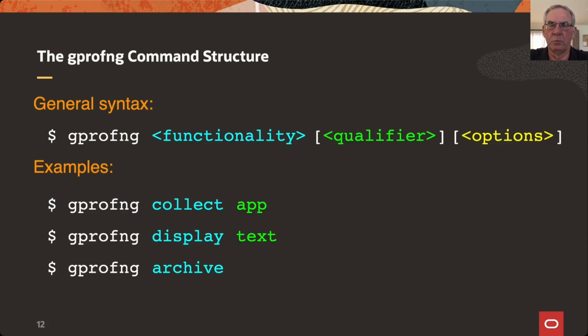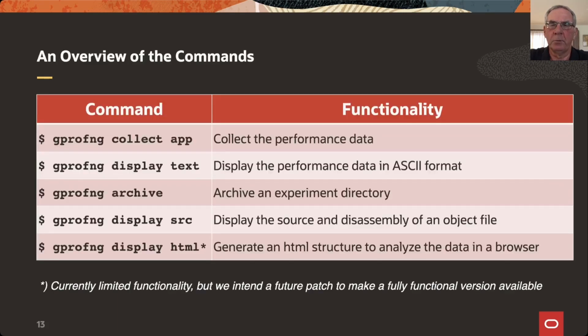For example, to collect information at the application level, gprofng collect app. To display the information, you do gprofng display text. To archive your directory, you use the archive command. Currently, we have 5 commands that we support. Collect app to collect the data. Display text will display the performance data in ASCII format.